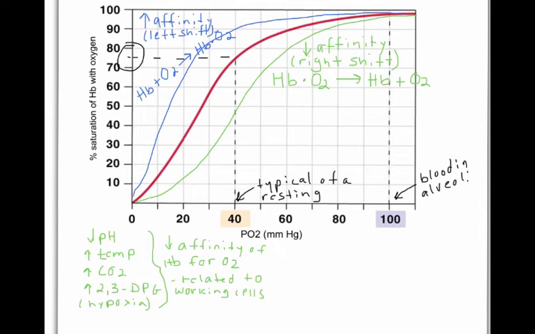Well, if you think about where you want increased affinity, that would be the blood that is moving past the alveoli, or moving past less active tissues. And so what we see is we have basically the opposite conditions to decreased affinity, so higher pH, lower temperature, less CO2, and less 2,3-DPG.